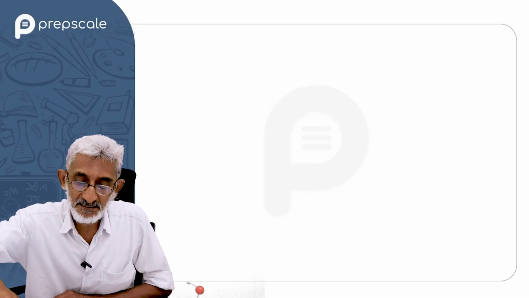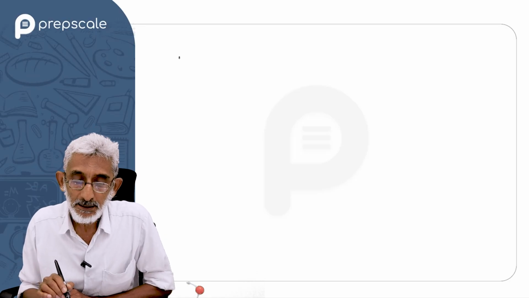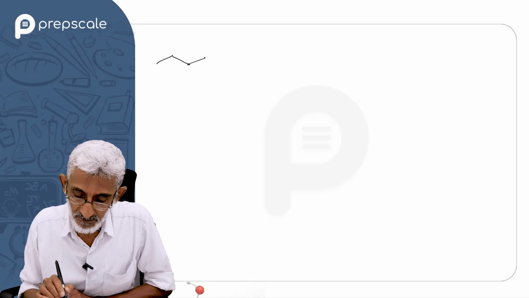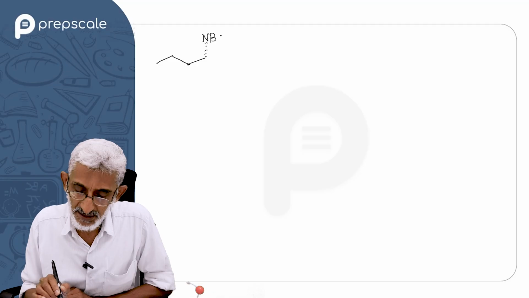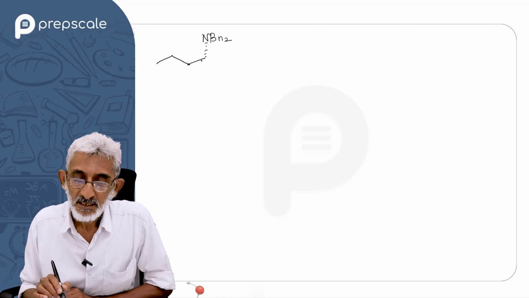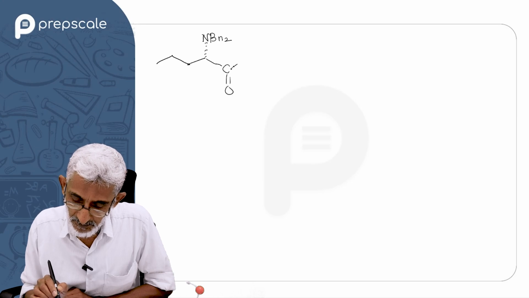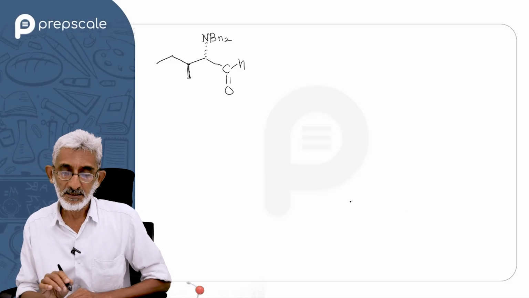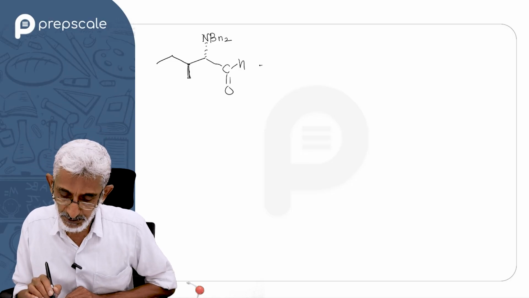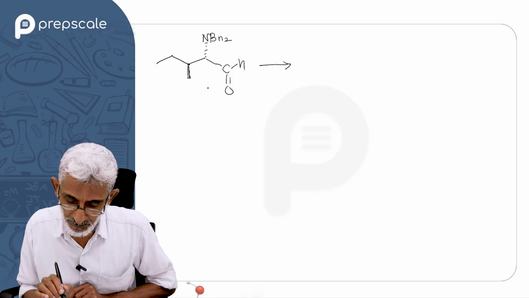The third case is quite interesting. This is NBN2, and now we have the CHO group. It may look a little complicated for you to write the product, but still it's not very tough.